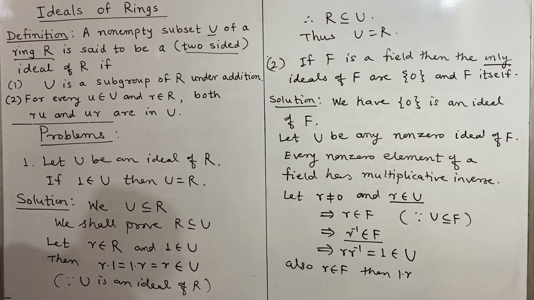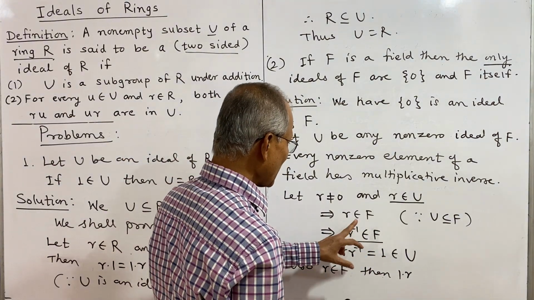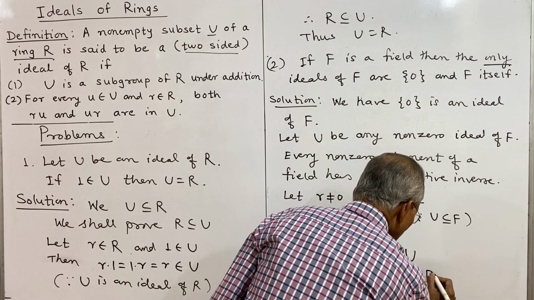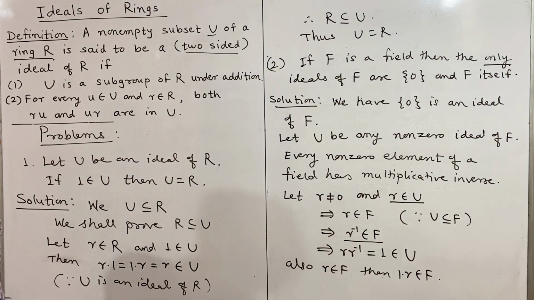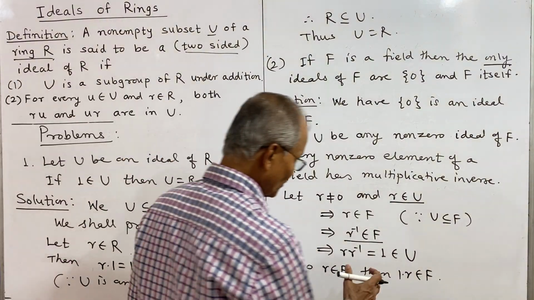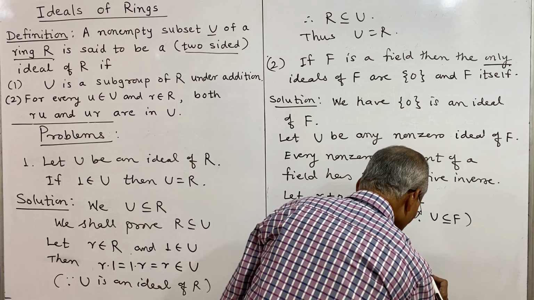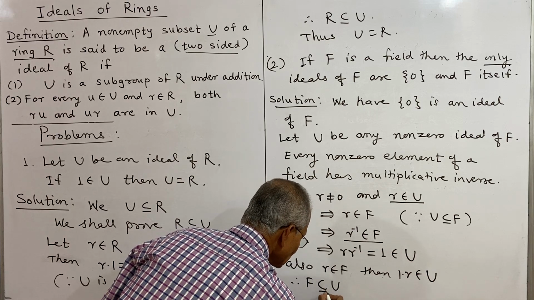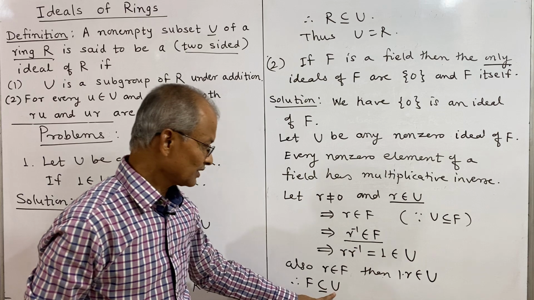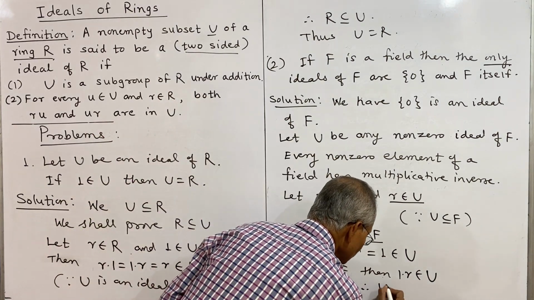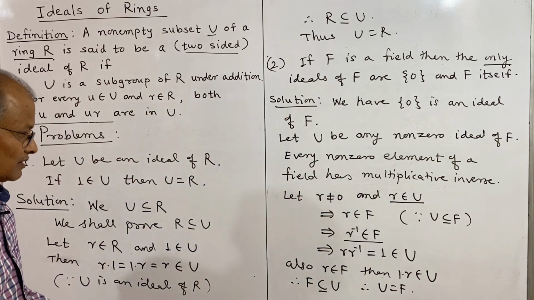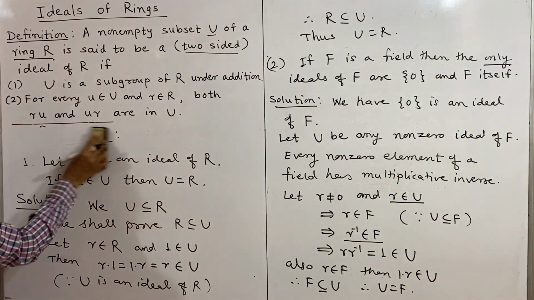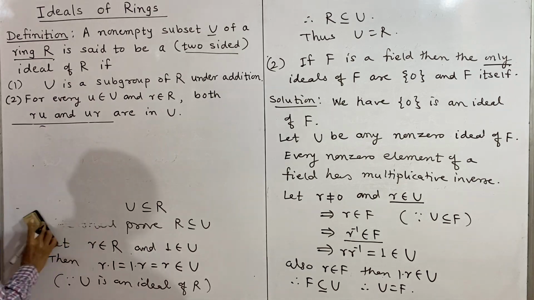See, 1 is in U, and then this r is also in U, and 1 times r is again in F. So this shows that F is a subset of U. Here we can consider 1 times r is in U. So F is a subset of U, and U is a subset of F, therefore U is equal to F. And thus you see, if F is a field, then its only ideals are 0 and F itself. Now the third example can be considered as this one.